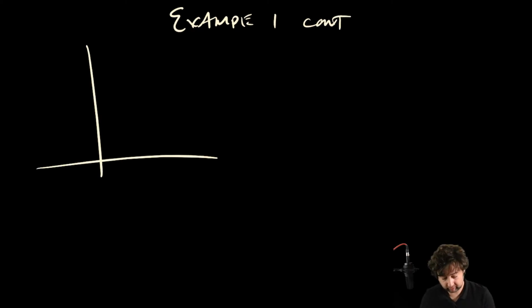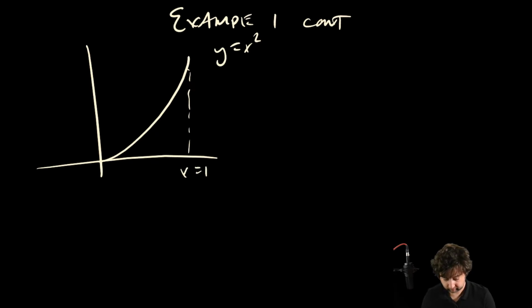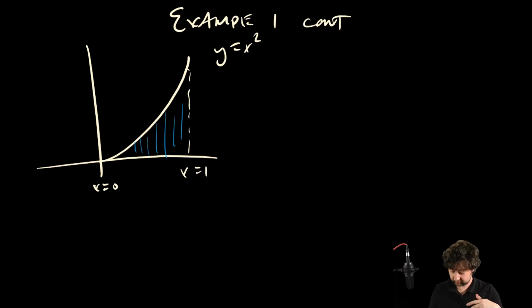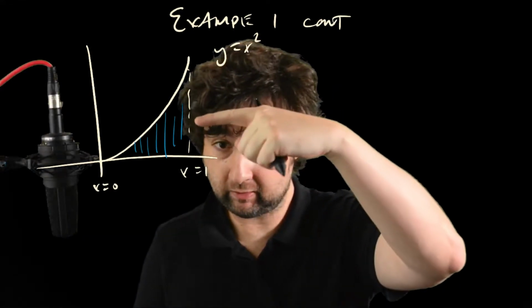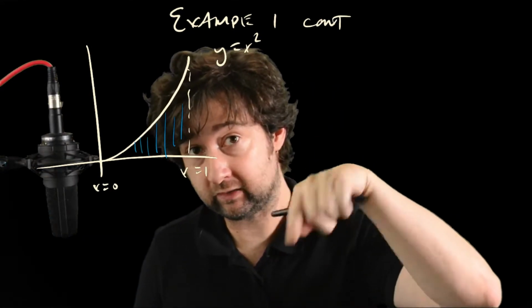Okay, so example 1 continued. The region that we were dealing with looked like this, and it was this inside here. Then what it wanted us to do was to take that area and rotate it around the x-axis.